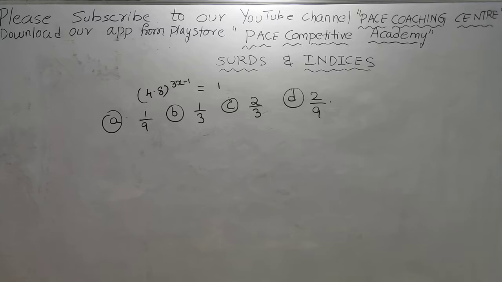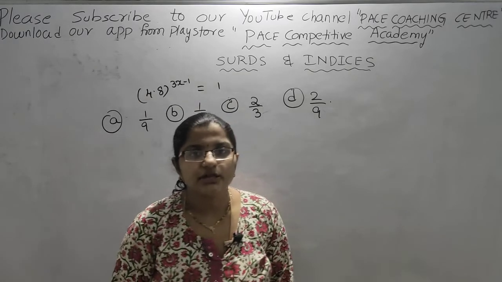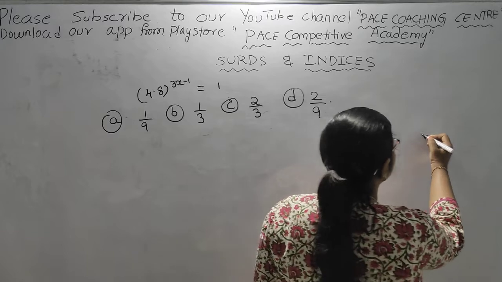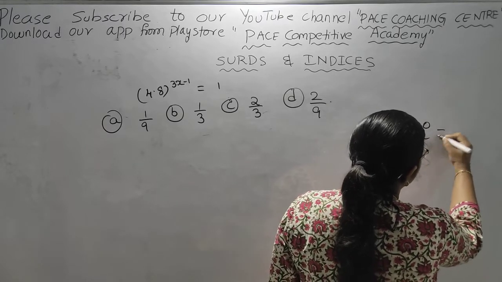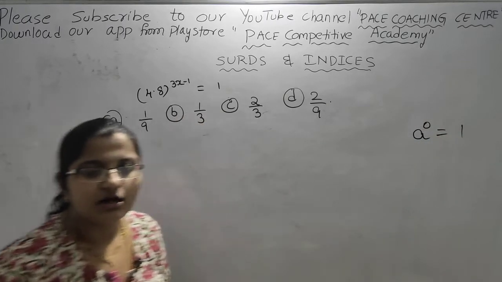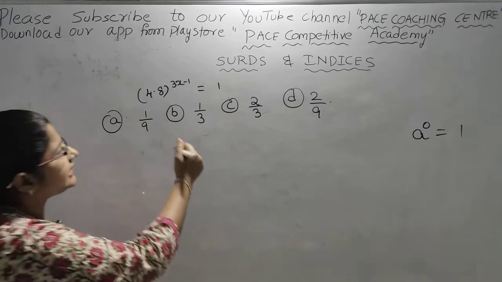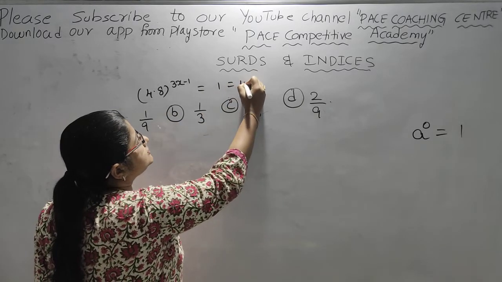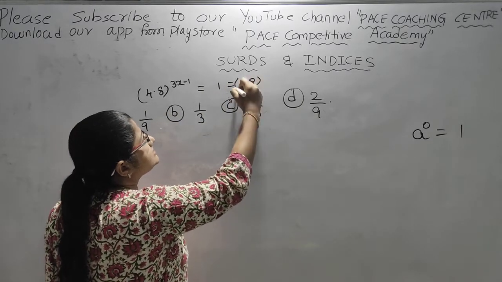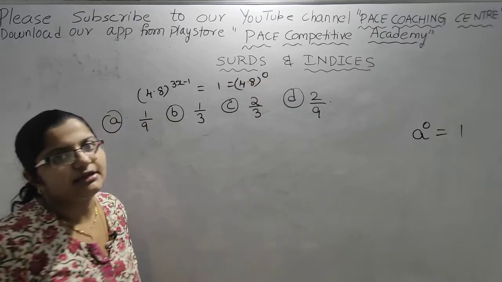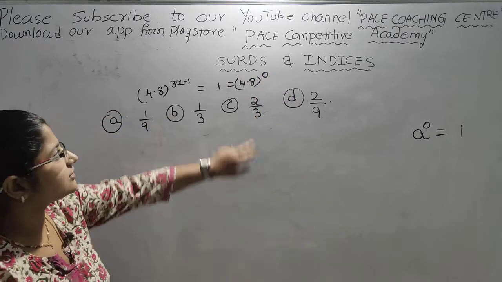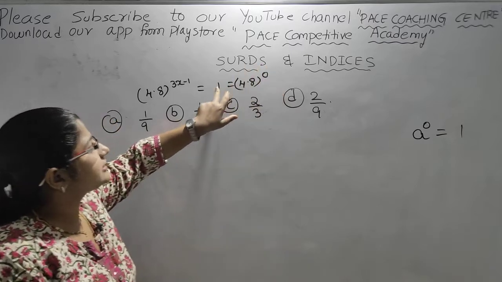How can you convert 1 into a base of 4.8? It is really simple. From the law of indices, I have already told you, any number power 0 is equal to 1. You all know it, right? So can I write 1 in terms of 4.8? Yes, 4.8 power 0 is nothing but 1.